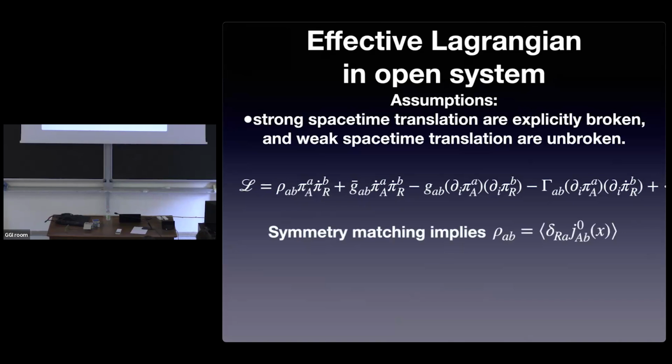Symmetry matching implies that since this system has a weak symmetry, we can define the net charge for the weak symmetry, and we can also consider the strong symmetry transformation. This means a transformation of the weak charge by the strong symmetry. That gives you this coefficient. The existence of this coefficient plays an important role in general.